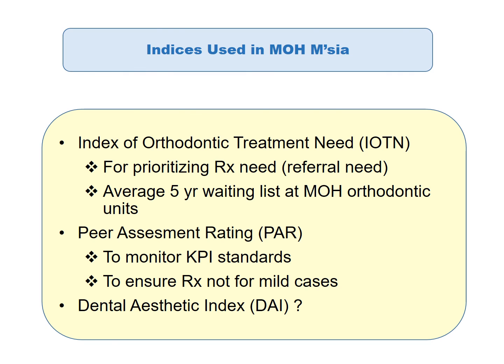Number 2 is the Peer Assessment Rating, which is used to monitor KPI standards and to assure that treatment is not concentrated on mild cases. There have also been attempts to introduce the Dental Aesthetic Index, though this is still in its trial stage.